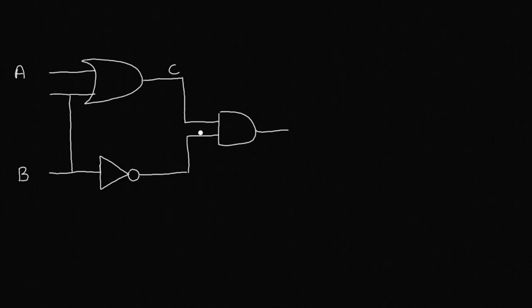These will be the same value, and the same for this. The output of this NOT gate will be the input of this AND gate, and we'll call this D. And then for our final output and our result for this example, we'll call it E.